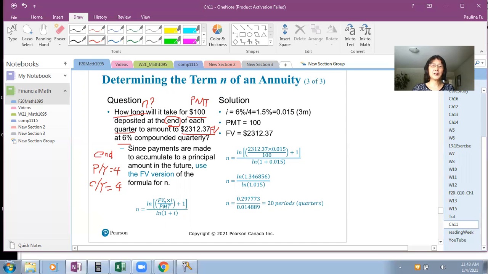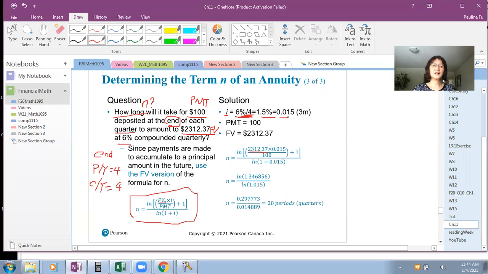So we are going to use the formula first. Since the formula is right in front of you, we are going to use this formula. In this formula, you know the future value, FV. FV is $2,312. And what is the periodic interest I? I is 6% compounded quarterly. Compounded quarterly, you have to divide by 4 so that you get the quarterly rate, 1.5%.